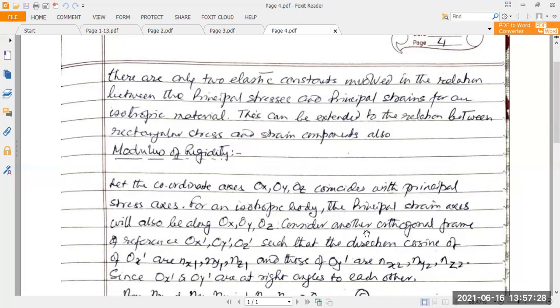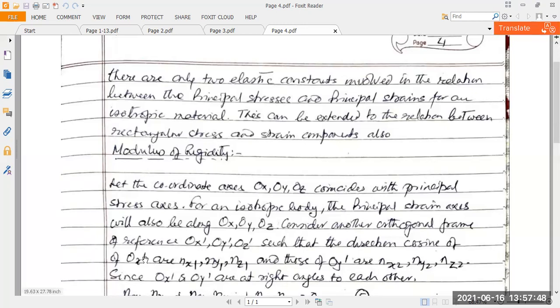Next, consider another orthogonal set of reference axes. Orthogonal means the angle between them is 90 degrees. Take OX dash, OY dash, OZ dash, such that the direction cosines of OX dash with OX, OY, OZ are nx1, ny1, nz1.